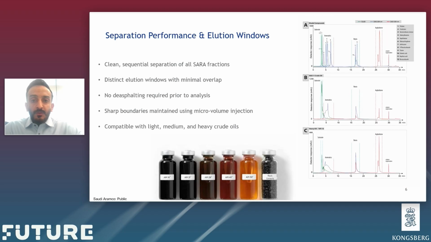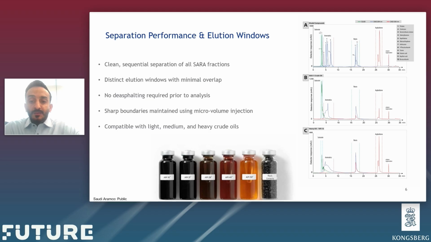Now, I'll walk you through some separation performance and the elution windows of our analysis. One of the strengths of the micro SARA-HPLC is the clarity of the separation. Each of the SARA fractions elutes in a well-defined window with minimal overlap between the different fractions.